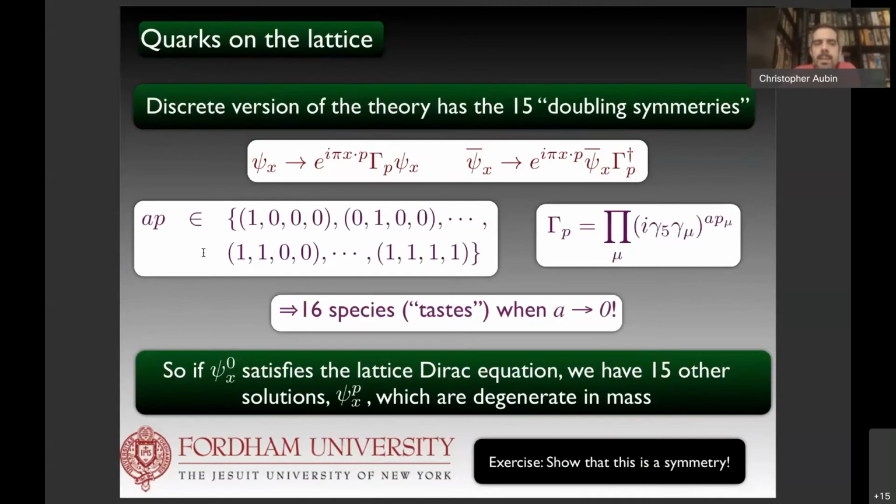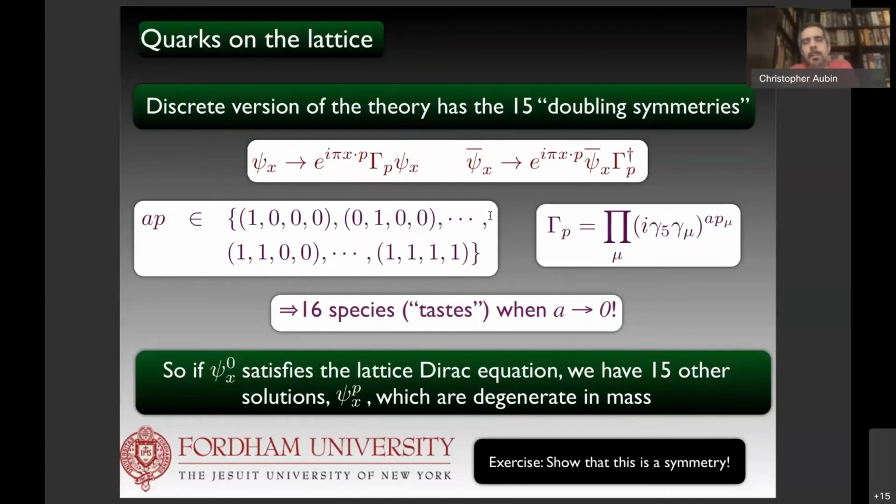In lattice units, p is a 4-vector with ones or zeros, all except the one where you have all zeros. So you've got 1, 0, 0, 0, 0, 1, 0, 0, and so on. There are 15 of these 4-vectors. Obviously, if p is equal to 0, 0, 0, 0, then this gamma matrix is just the identity, and there's nothing interesting going on.